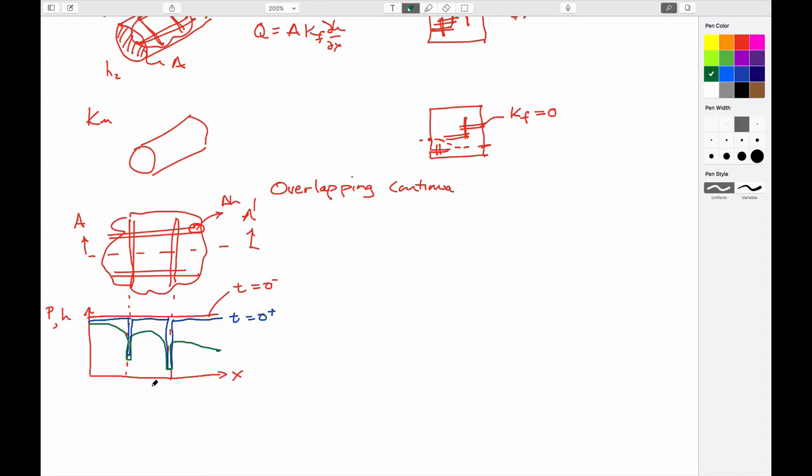It would be something that's drawn down here. And at time infinity, it would look something like this, as a straight line. So this is t equals infinity, and this would be t1, sometime between them.